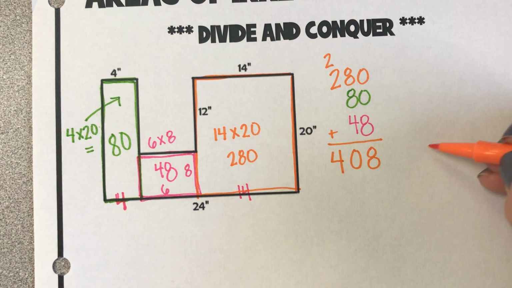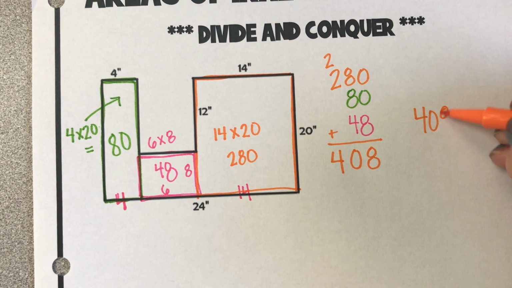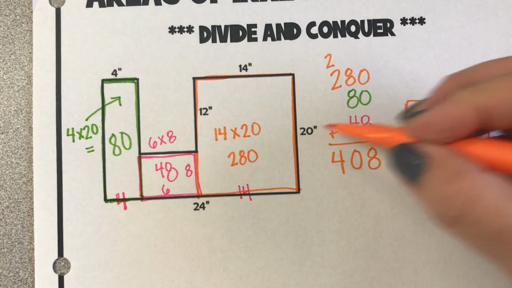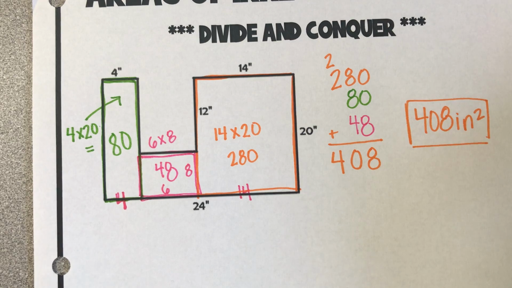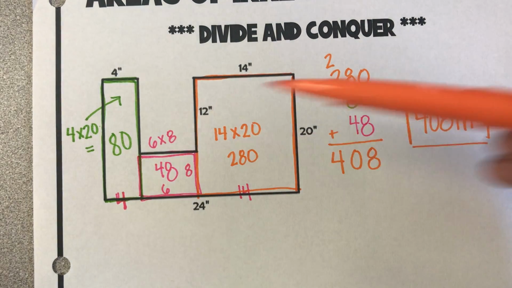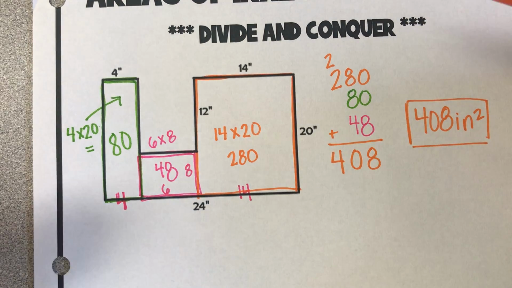So your whole room would be 408. I'm writing inches because that's the unit in here, but squared. So I divided it up into 3 different shapes, found the area of each shape, and then added them together.